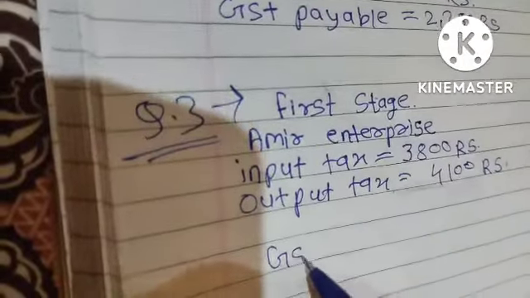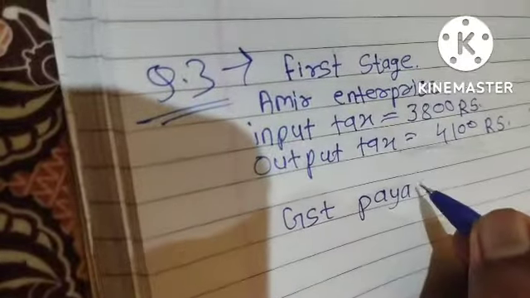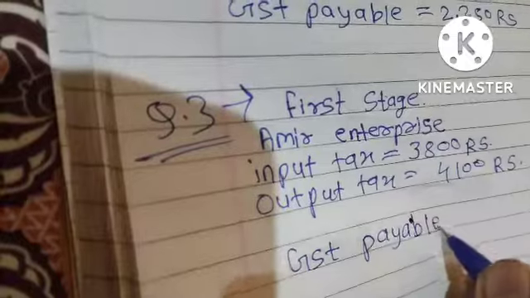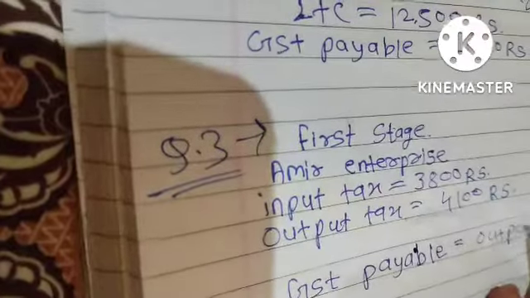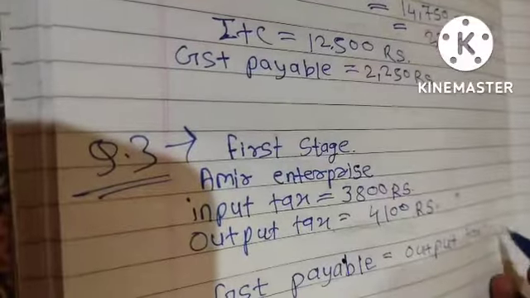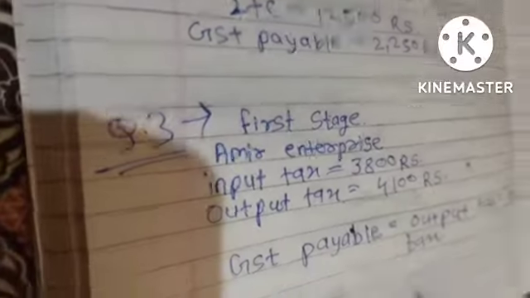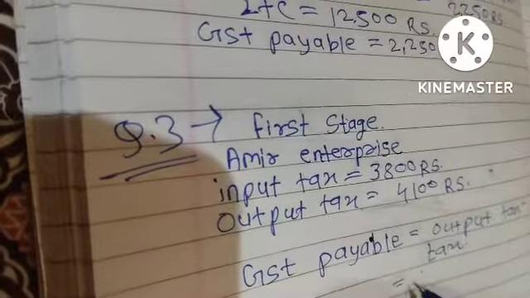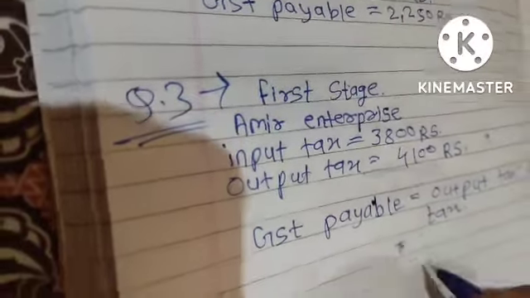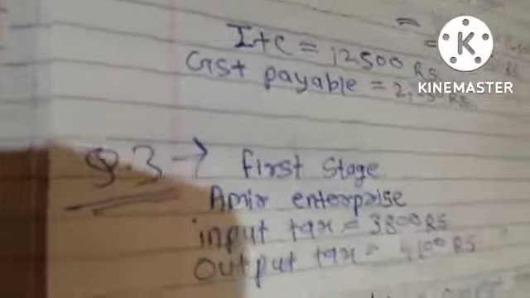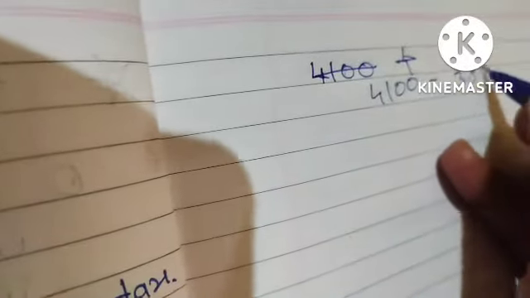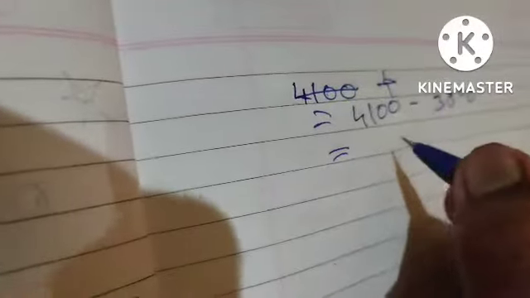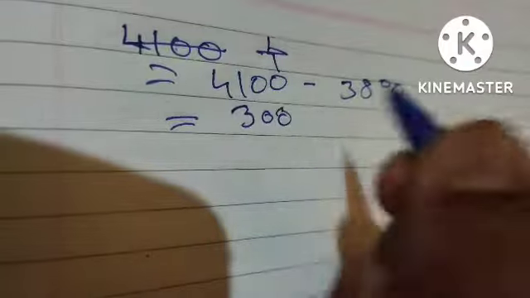So GST payable is equal to output tax minus input tax, which is 4,100 minus 3,800, equal to 300 rupees.